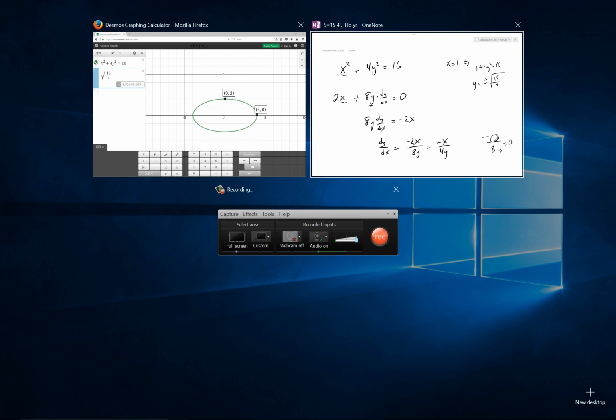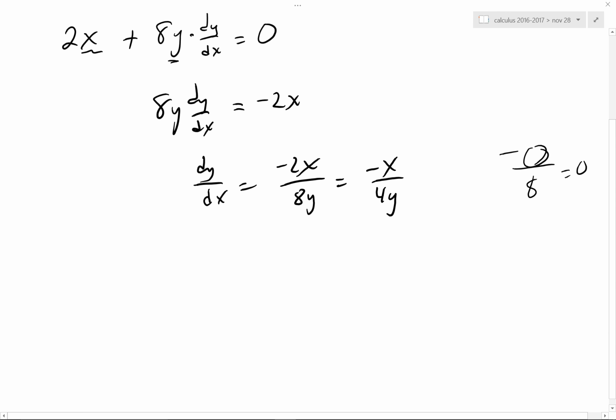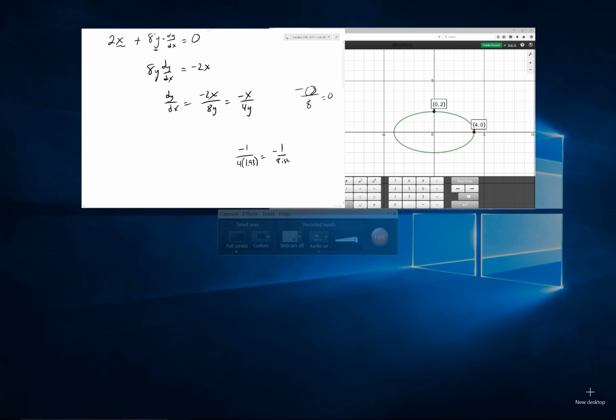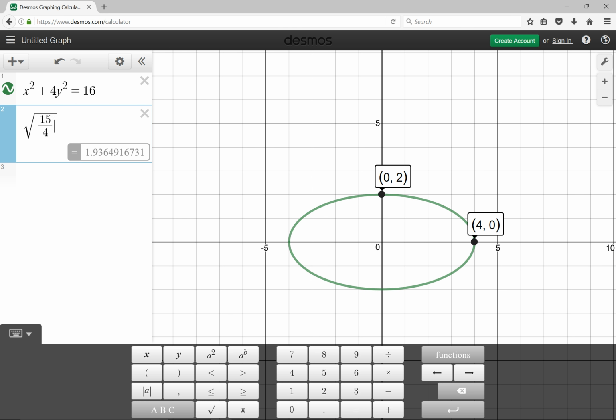So if we went 1 comma 1.93, negative 1/8-ish of a slope. That's not too much. That's kind of cool.